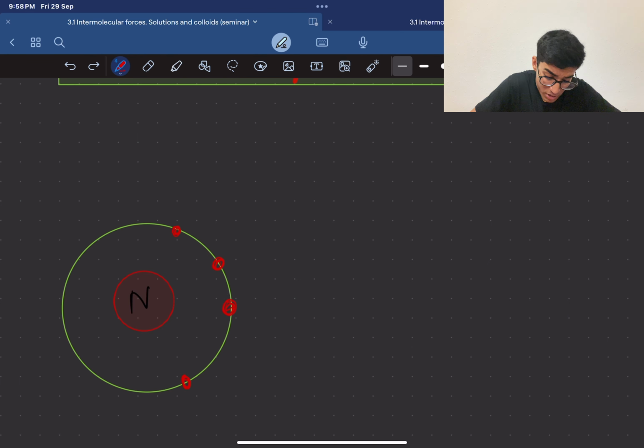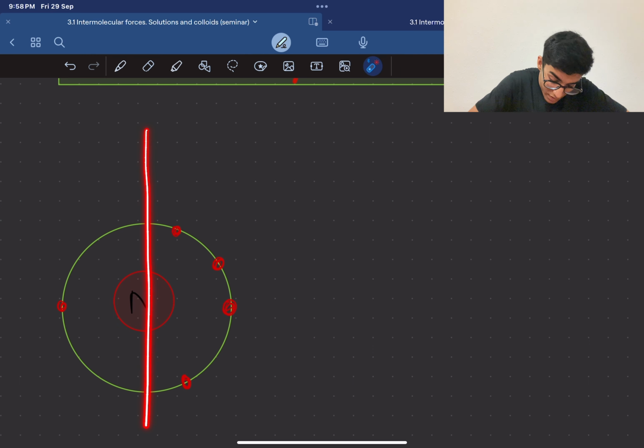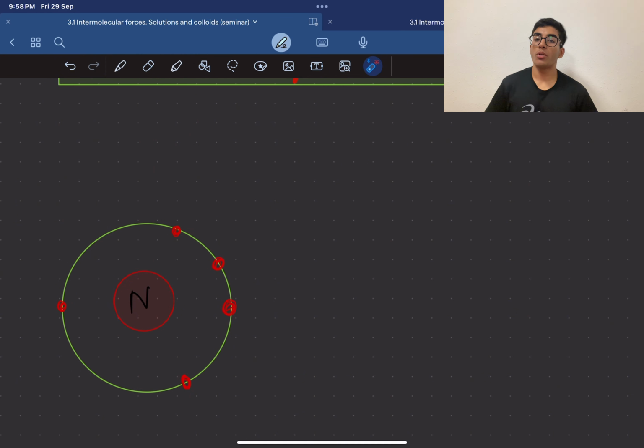Maybe, I'm just saying that could happen. Maybe one electron here. What this does is it divides this atom in half, not really, but in a way. This part gets a negative charge and this part gets a positive charge, and that creates a dipole.